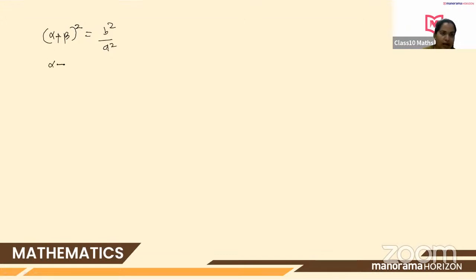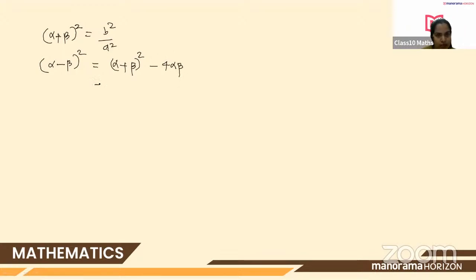And alpha minus beta, the whole square, we can expand as alpha plus beta, the whole square minus 4 alpha beta.